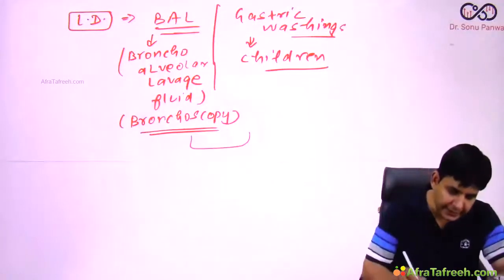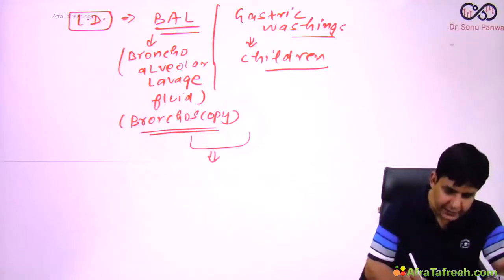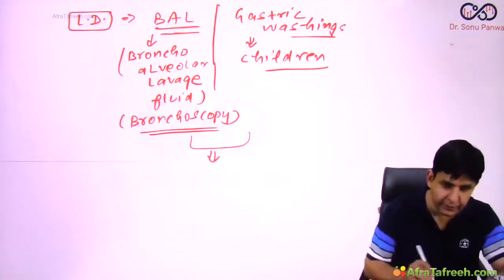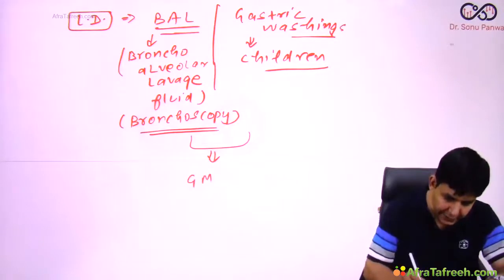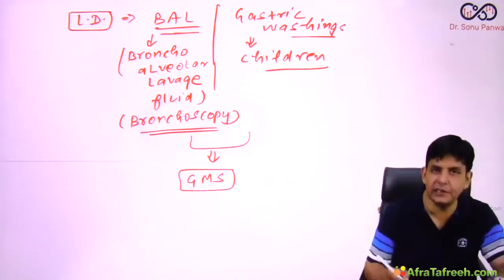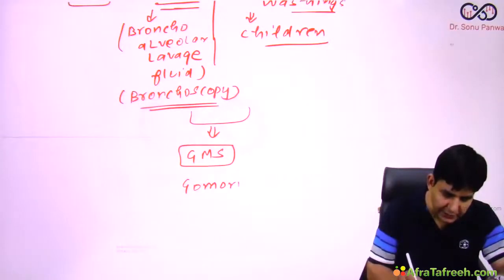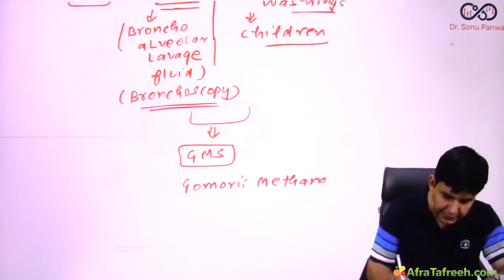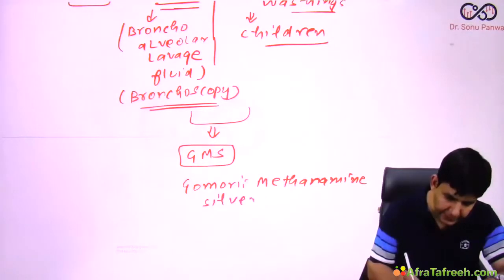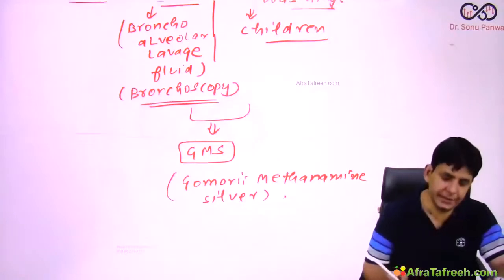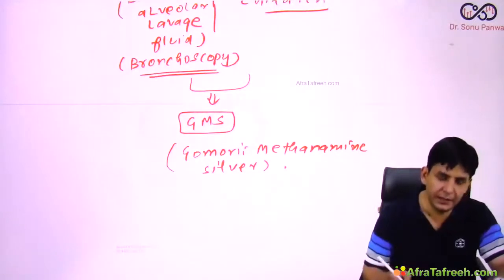So BAL and the gastric washings, these two materials, you stain with a particular stain which we talked about in the initial ones, that is GMS. GMS is Gomori methenamine silver.